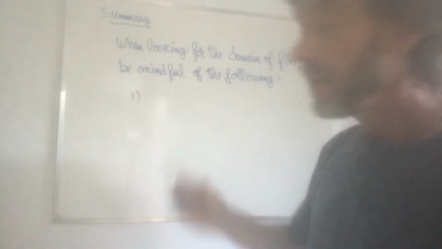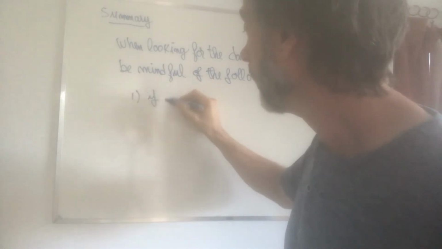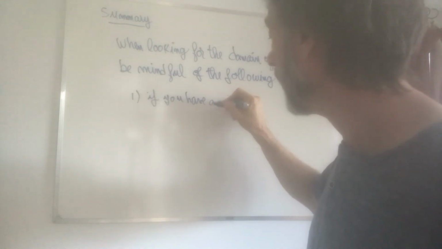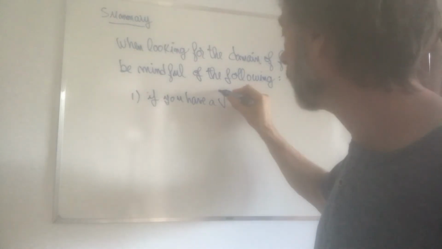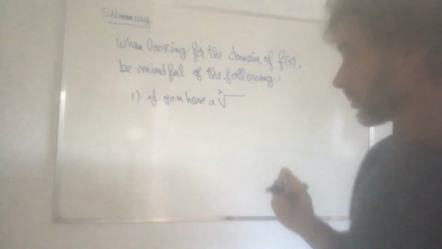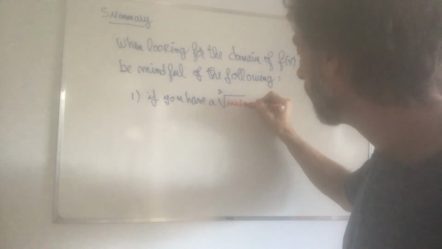First, if you have a square root, I'm going to put the 2 here to emphasize that basically there's a square root. Now this square root will come with an inside. Okay?